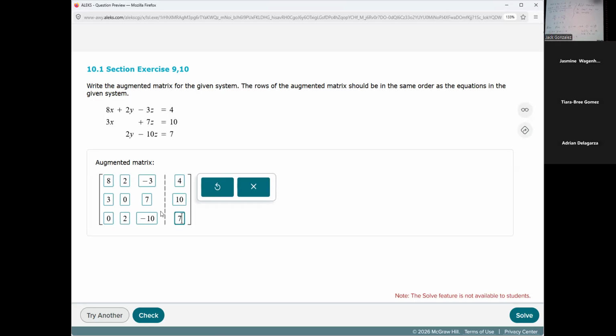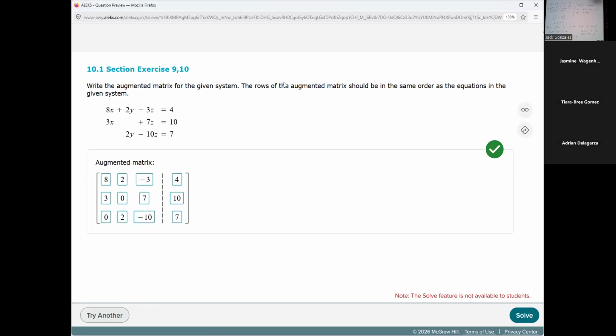Does everyone see where these numbers came from? Because you need to be able to set it up if you're going to use your solver or your calculators. All right, so no questions on the first one.